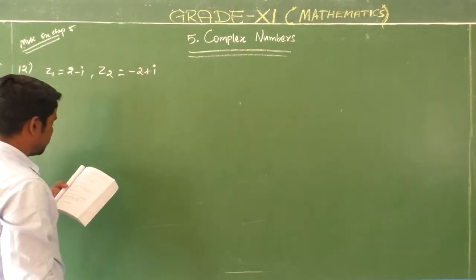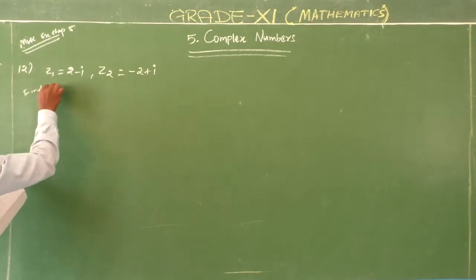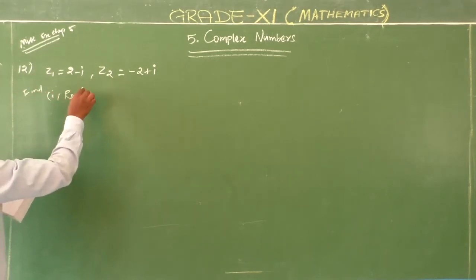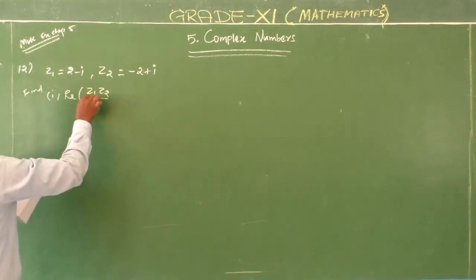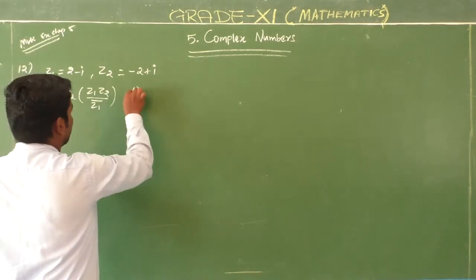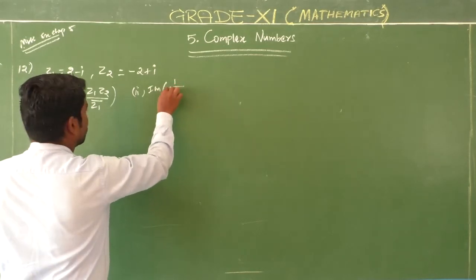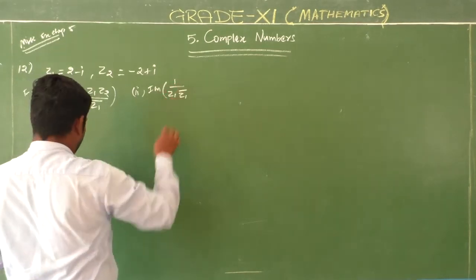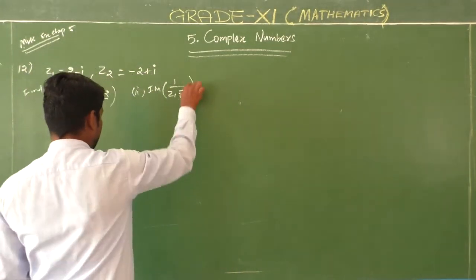Find, first, the real part of Z1 into Z2 divided by Z1 bar, the conjugate of Z1. And second, the imaginary part of 1 divided by Z1 into Z1 bar.